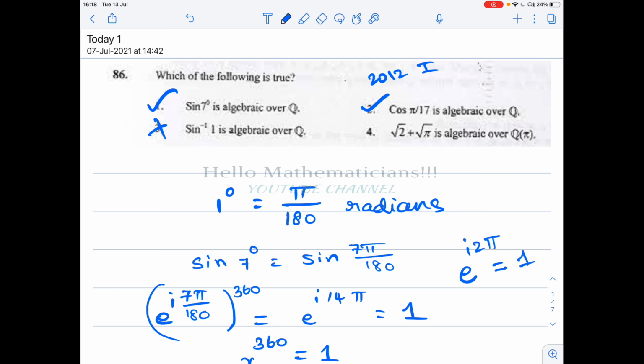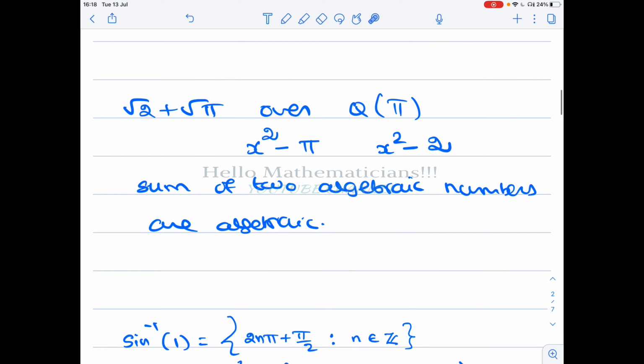Next, root 2 plus root pi is algebraic over Q of pi. Let's see why it is true. Root pi satisfies the polynomial x square minus pi over the field Q of pi. Note that Q of pi contains pi. Therefore, x square minus pi is a polynomial over this field. Root 2 also satisfies a polynomial over this field.